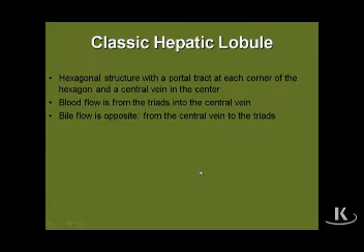So that's the point we made in summary: blood is flowing toward the central vein from each of the 6 points of the triad, whereas bile, when produced by the hepatocytes and released into the bile canaliculi, is flowing toward the portal triad at the perimeter of those hexagons.